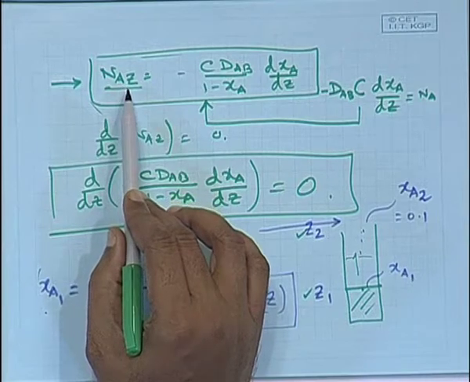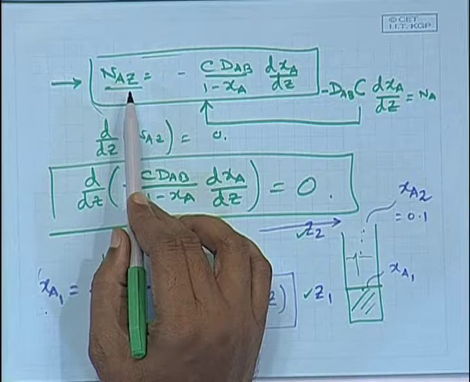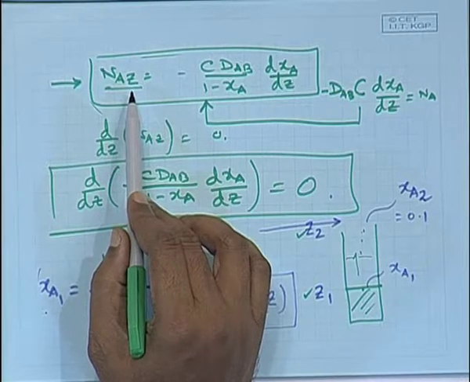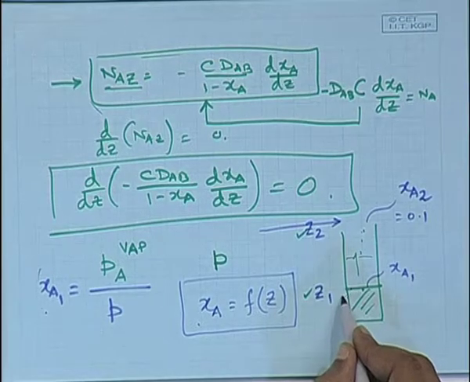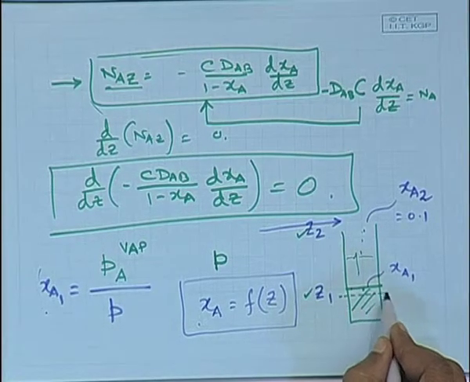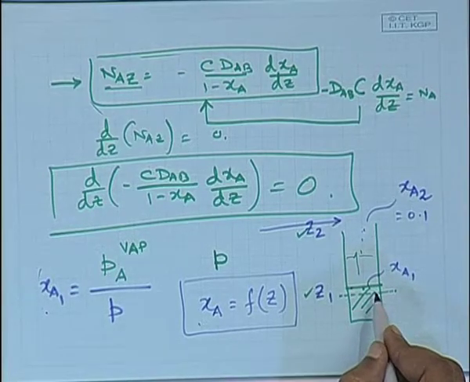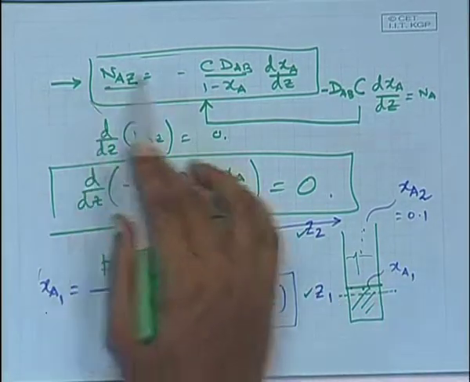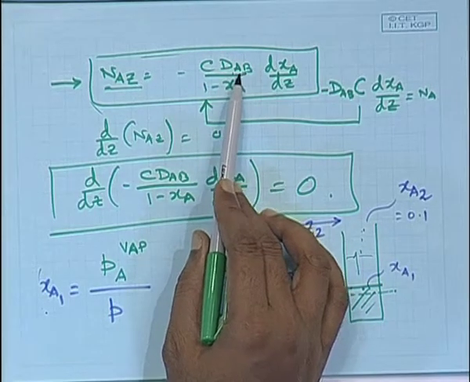DAB, experimental evaluation of DAB. If you look at this expression, this is the amount evaporated, moles evaporated per unit area per unit time. You know the area with which you are working. So, you find out how much the liquid level has moved back over a certain time. You would be able to find out the only unknown here, which is DAB.